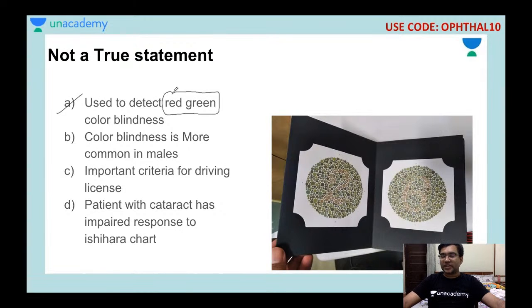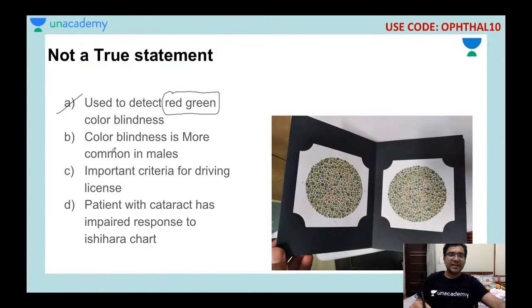Okay, so in these cases and also in the general population, you can use the Ishihara chart where you have a lot of plates. The patient has to see all through the plates and see various patterns and various figures there. Okay, in this way you can tell how much is the color vision deficiency in these patients.